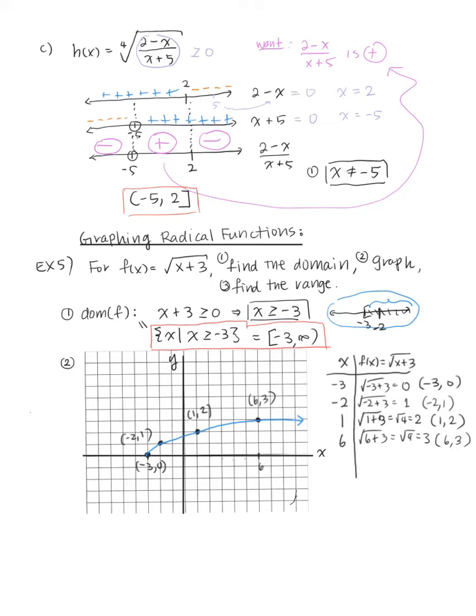Now, to find the range of the function, what you're going to have to do is view the graph bottom upward. Okay, so if I look at the graph from bottom upward, the graph starts from where? Well, the graph starts from negative 3 comma 0. So what's the starting y value? Well, the starting y value is 0.